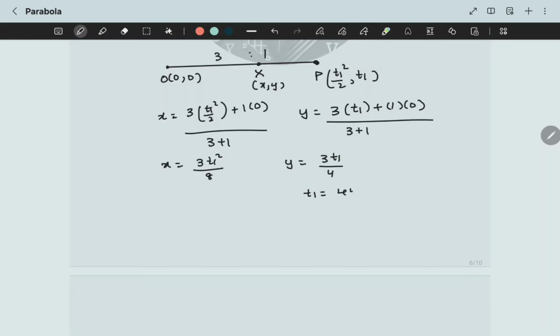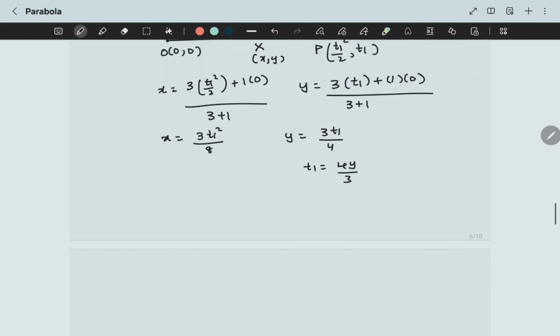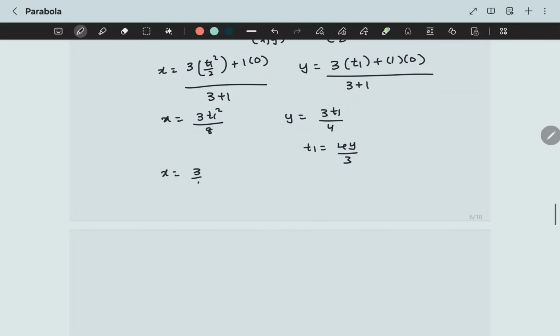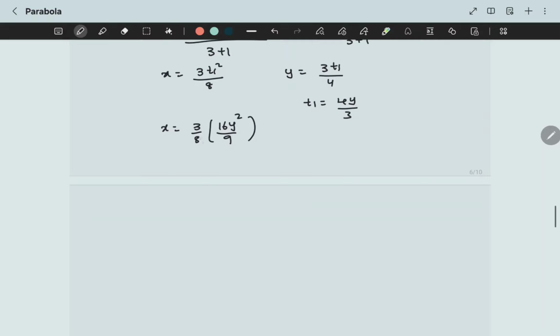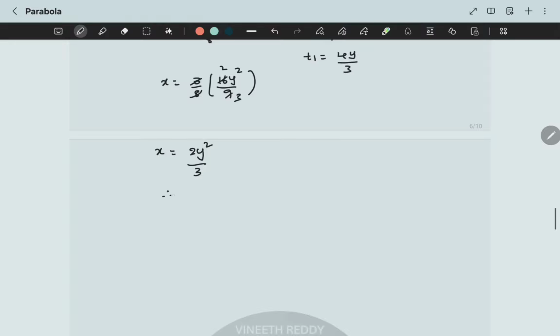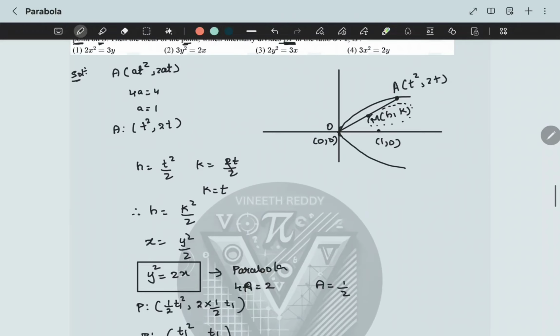So basically t1 is 4y by 3. So x will be 3 by 8 into t1 square, which is 16y square divided by 9, so this should be 2, this should be 3. So we get x equals 2y square divided by 3. Therefore y square equals 3x divided by 2. This should be the required locus.